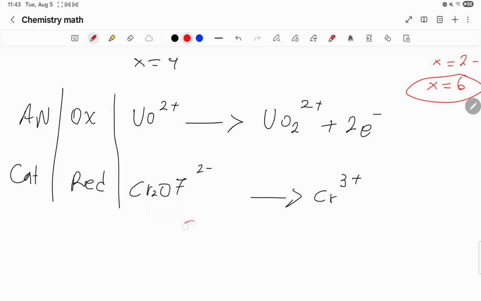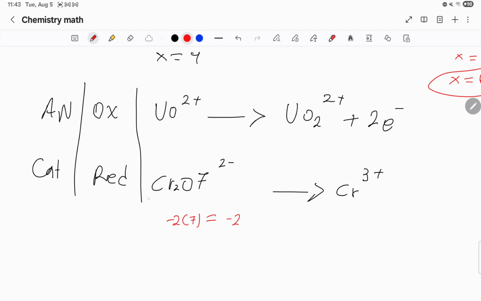Again, the whole molecule has a charge of -2, and oxygen we know is -2, but there are 7 oxygen atoms. And now we want to figure out this chromium, correct? So since there's 2, we will write 2x plus -2 times 7 equals -2. Okay, -2 times 7 is the same as -14.